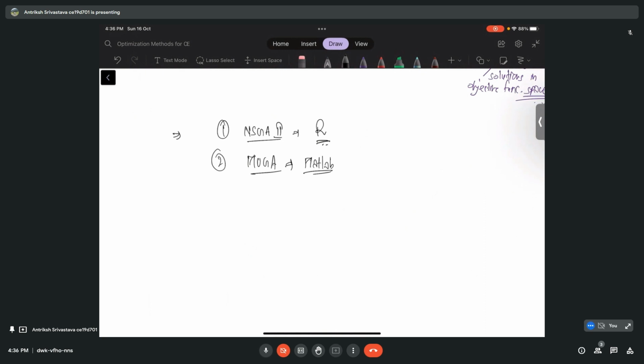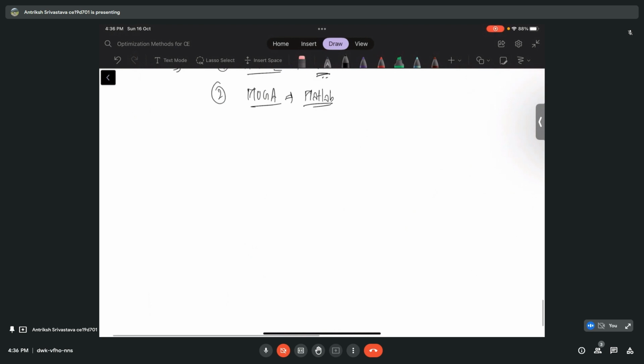I will write the problem here. It is the same as the earlier problem. So the question is, you have to do the minimization of f1, f2, f3. These are the objective functions. They go like this. The first objective function is 0.5 x1 square plus x2 square plus sine of x1 square plus x2 square.